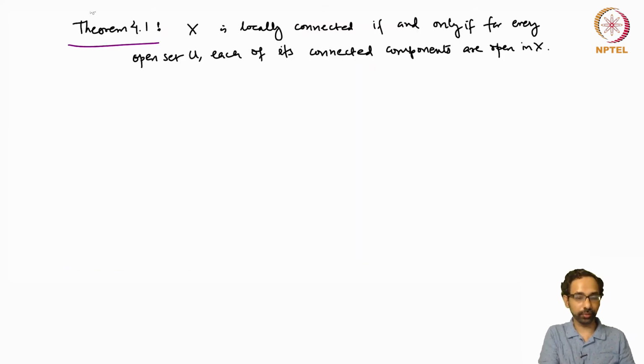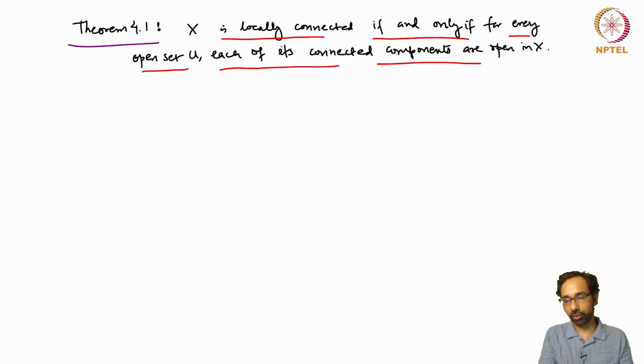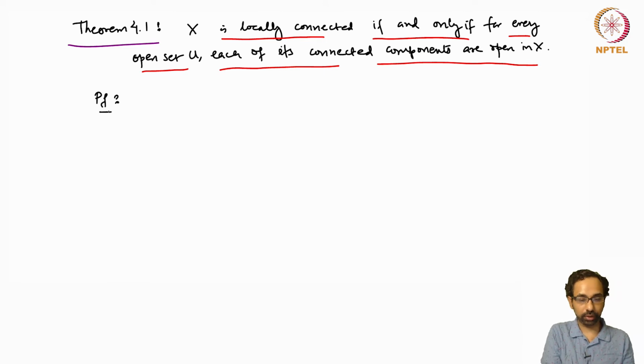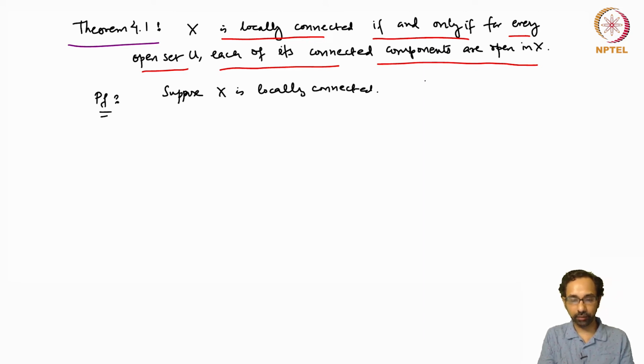So the first theorem says that X is locally connected if and only if for every open set U, each of its connected components are open in X. So let us see a proof of this theorem. So suppose first that X is locally connected, then we need to show that for any open set U, each of its connected components are open.